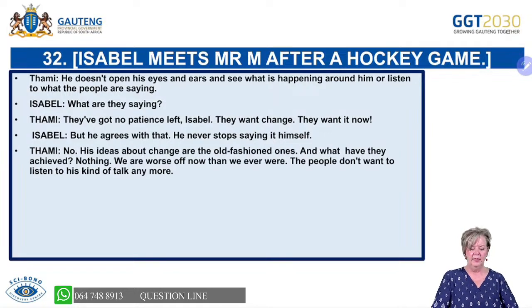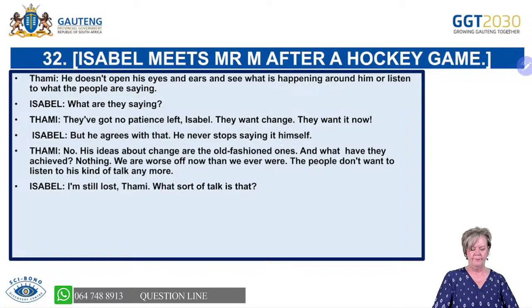Tommy: No. His ideas about change are old-fashioned ones. And what have they achieved? Nothing. We are worse off than we ever were. The people don't want to listen to his kind of talk anymore. Isabel: I'm still lost, Tommy. What sort of talk is that?